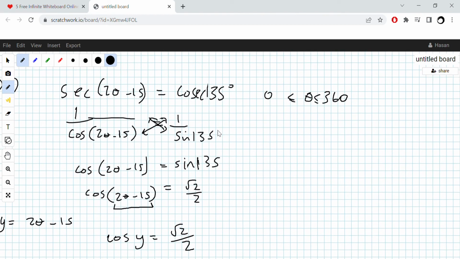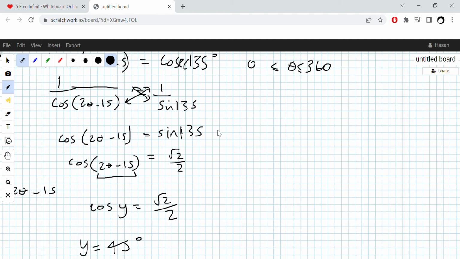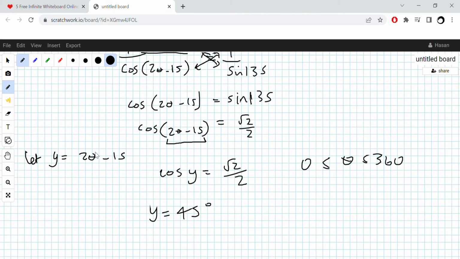What we need to take care of, however, is this 0 to 360. Our interval has now changed because we've made this substitution. This is only taking care of theta, but we need to take care of 2θ − 15. So you'd have 2θ − 15 in the middle instead, and you do that to both sides.